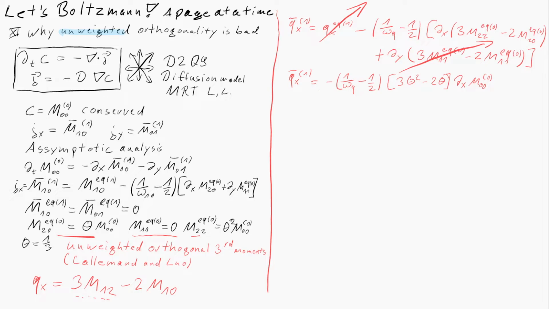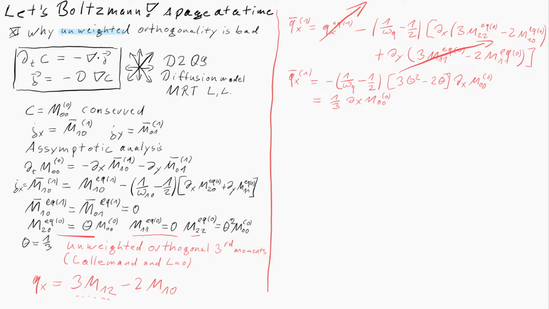And this, of course, is equal to now plus 1/3, if we put 1/3 in this, plus 1/3 dxm00 to 0th order.